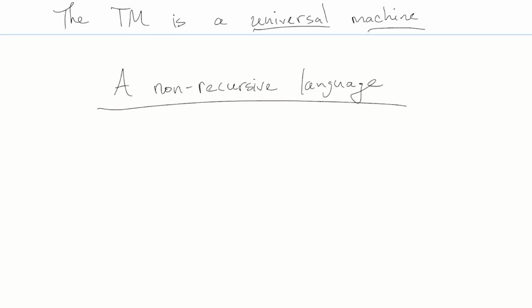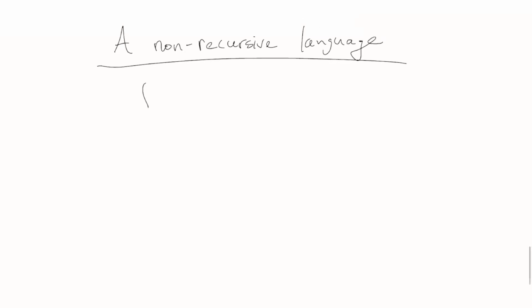What this would be is a language which can be the language accepted by a Turing machine, but that Turing machine may have infinite loops in it. And this is the language associated to something called the halting problem.